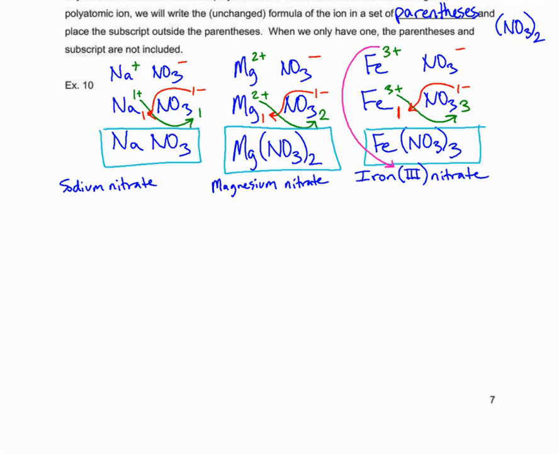So those were nitrates, but there are other polyatomic ions, and we're going to look at some of those now. So here is a compound composed of sodium and a different polyatomic ion that is 2 carbons, 3 hydrogens, and 2 oxygens, and it has a -1 charge. Sodium, we know, has a +1 charge.